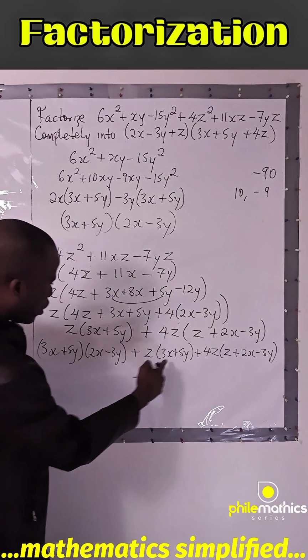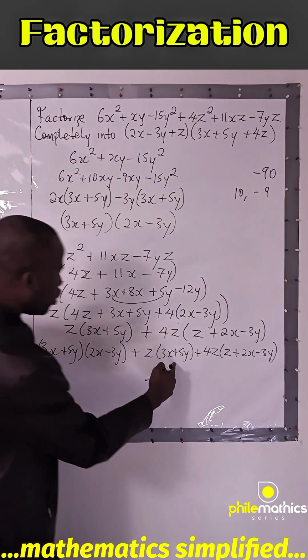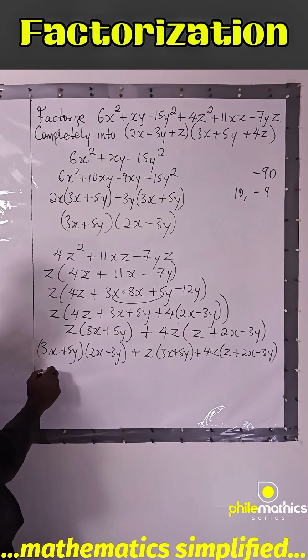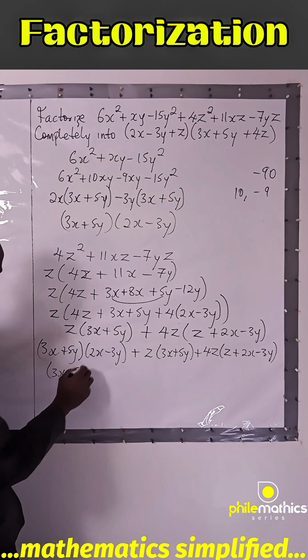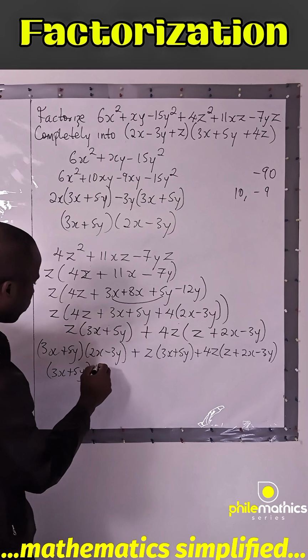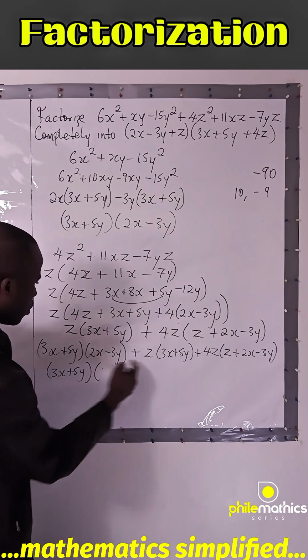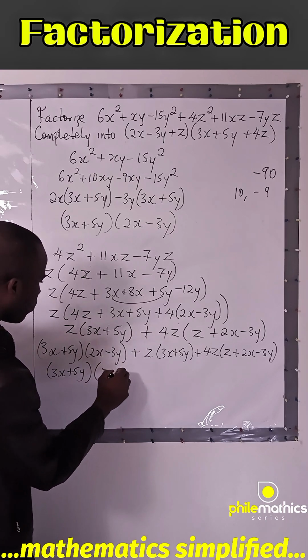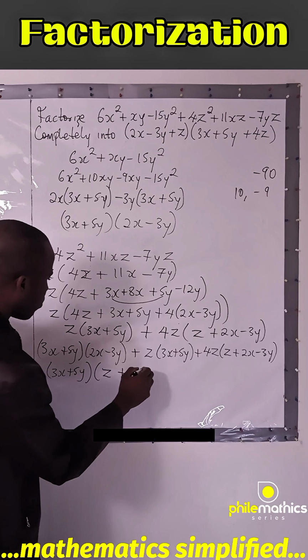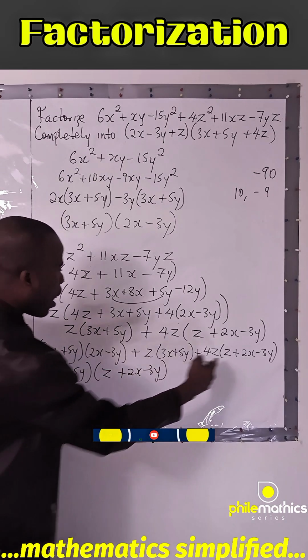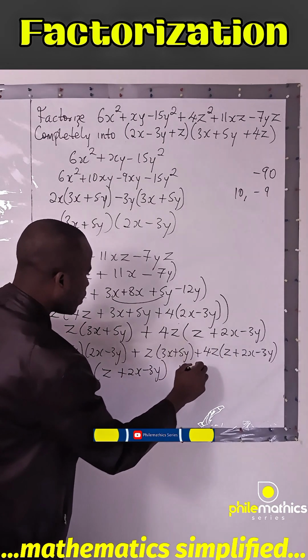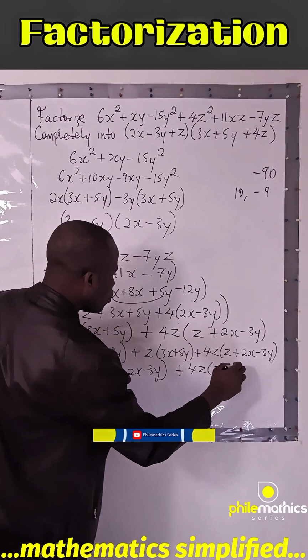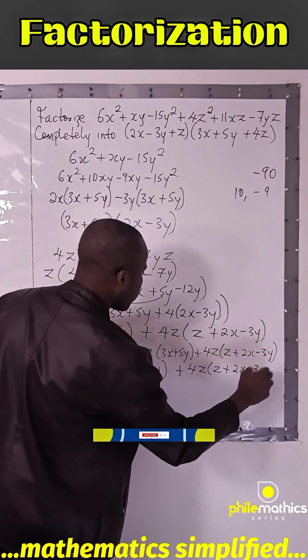Now, 3x plus 5y is common between these two, so I can factorize it to have 3x plus 5y. I'm left with z plus 2x minus 3y. And here I have plus 4z, z plus 2x minus 3y.